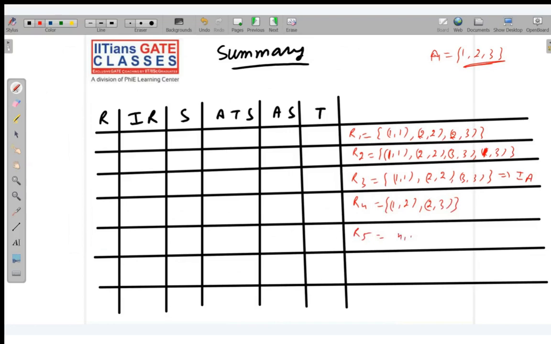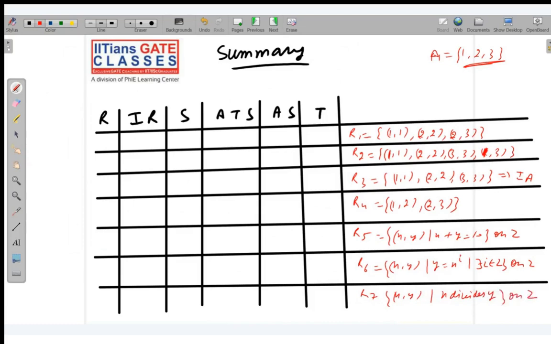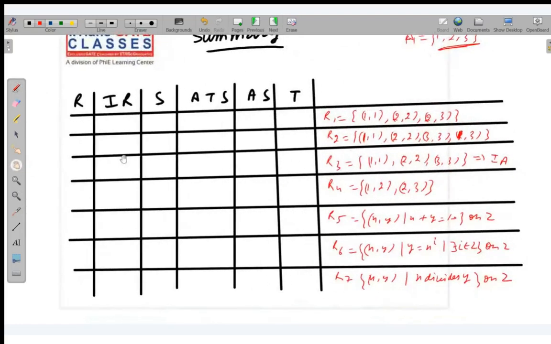R5 is (x, y) such that x plus y is equal to 10 on Z. R6 is (x, y) such that y is equal to x to the power i, where there exists i belonging to Z, on Z. And R7 is (x, y) such that x divides y on Z. Okay, so these are 7 relations, and we will try to find what they are.